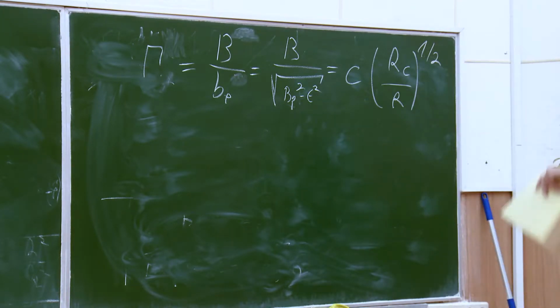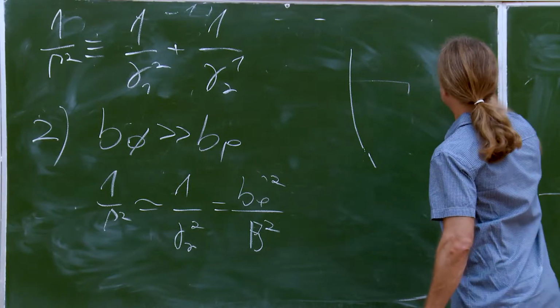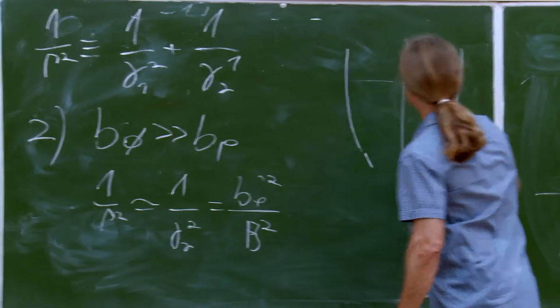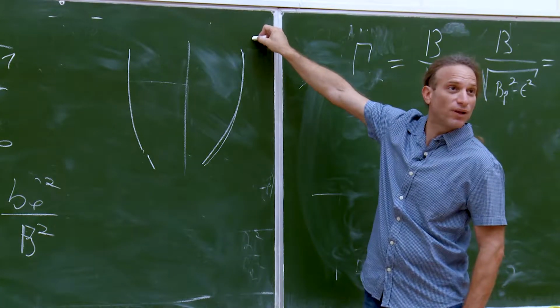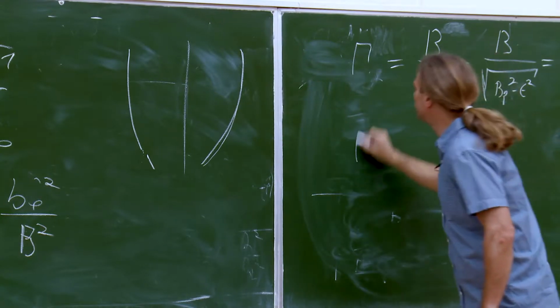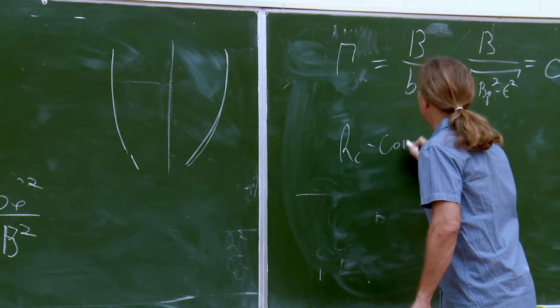What is the curvature radius? So if I have my jet, the jet has some curvature. Okay? So RC is the curvature radius.